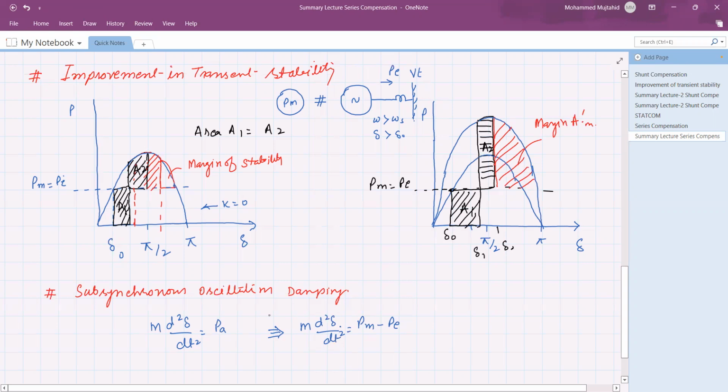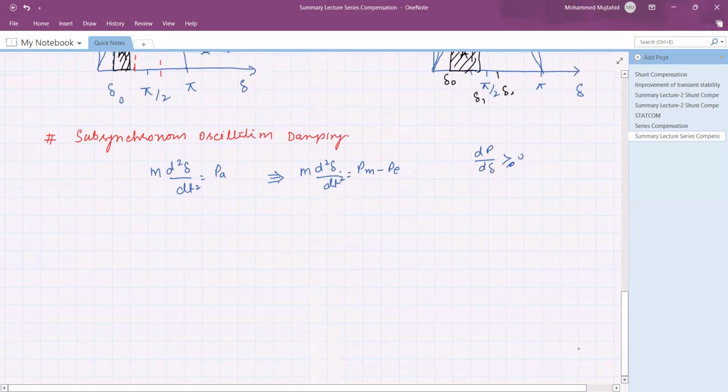So when there is acceleration, when dP upon d delta is greater than 0, definitely the system is going to oscillate. And if the oscillation is more, the system may come out of synchronism. Because in the modern power system, there is a large power system, so large moment of inertia is there, and the dynamic stability takes more time to settle to the new value.